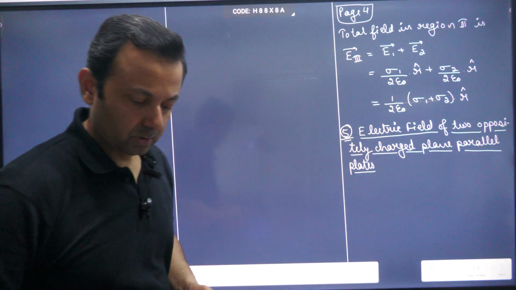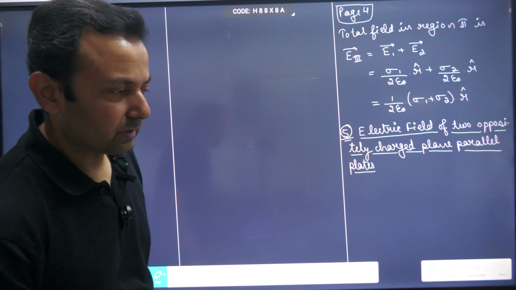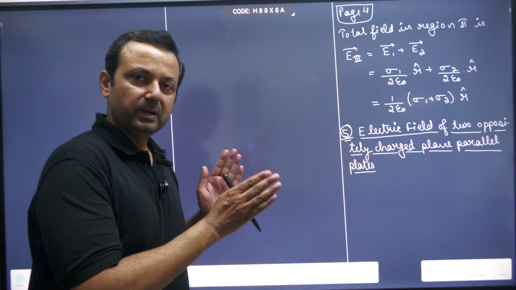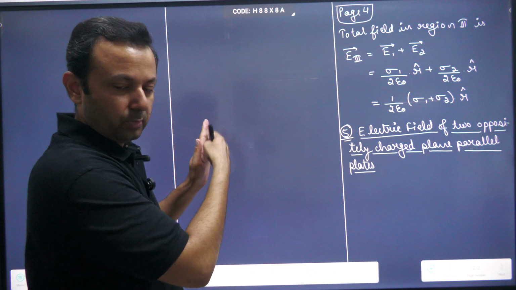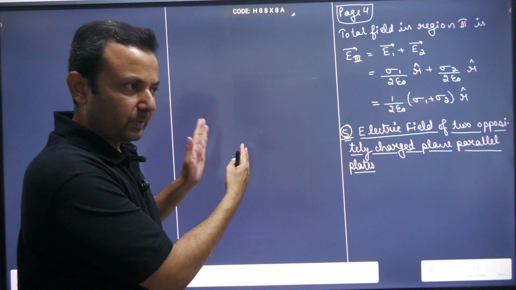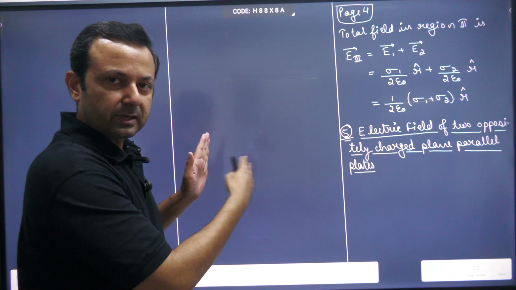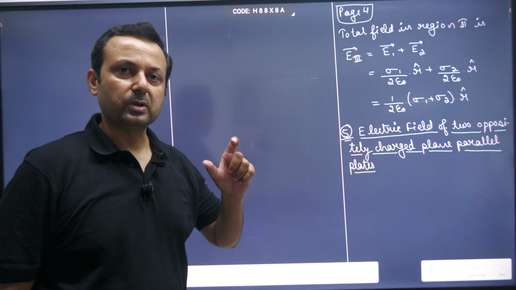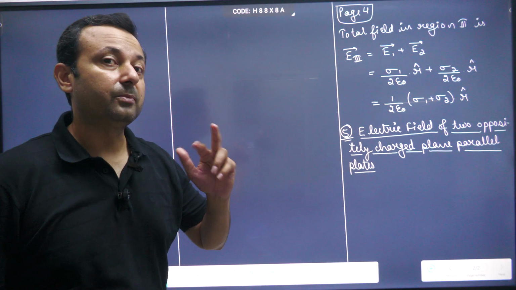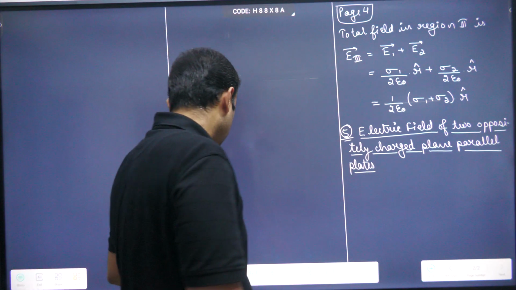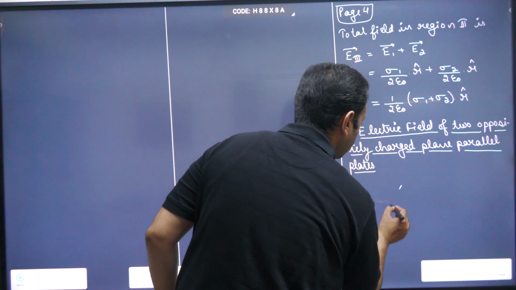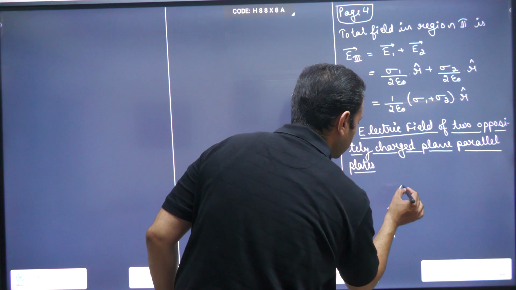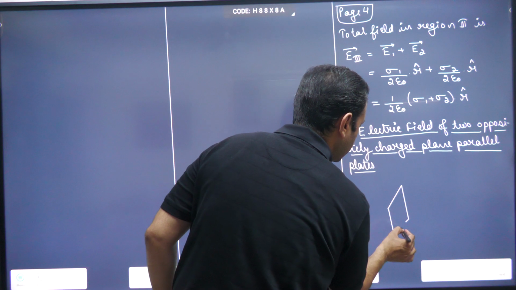So now let us draw two oppositely charged plane parallel plates. Like we have drawn two positively charged plane plates which are placed parallel to each other, in the similar way, now we are going to calculate electric field due to two oppositely charged plane parallel plates. So first plate is like this.